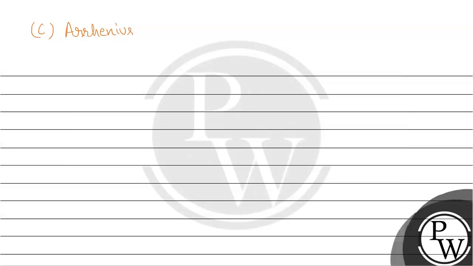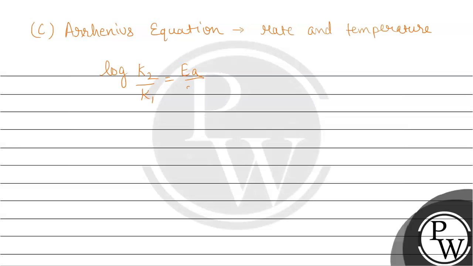Arrhenius equation shows relation between the rate and temperature of the reaction, and जो हमारे पास equation आता है Arrhenius का that is log of K2 by K1 is equal to Ea upon 2.303 R, 1 upon T1 minus 1 upon T2.